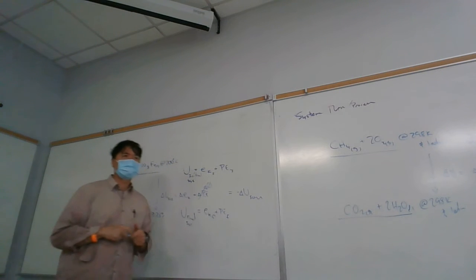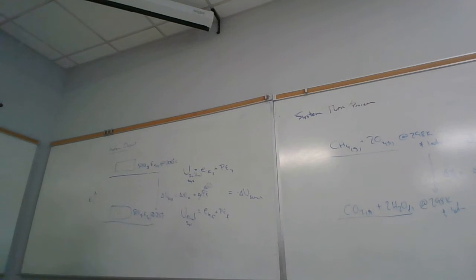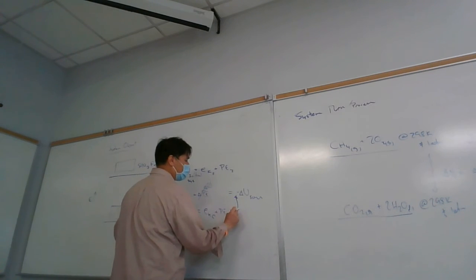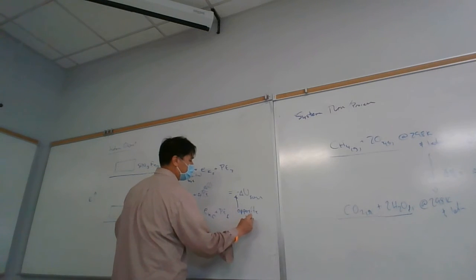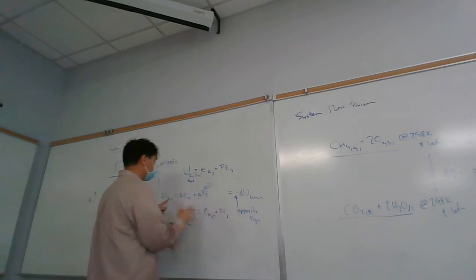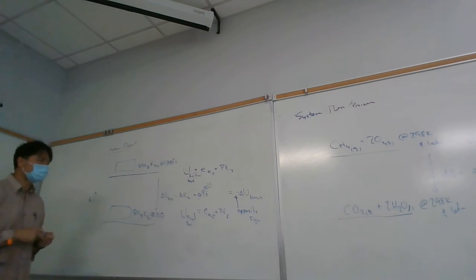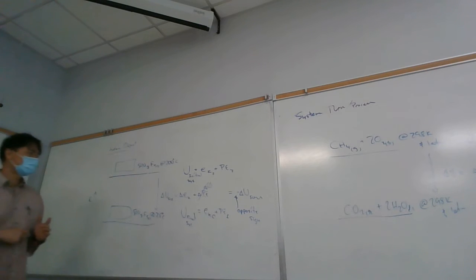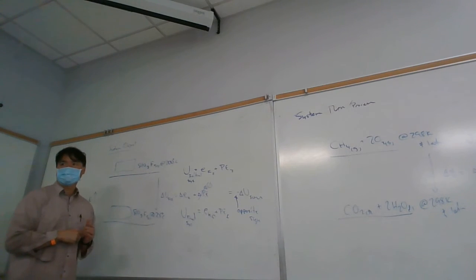Now, this minus doesn't mean exothermic. The minus here just means opposite sign of the system. So that minus means opposite sign, you know, when compared to the system. So if the system's exothermic, then the surroundings must be endothermic. If the system's endothermic, the surroundings must be exothermic.